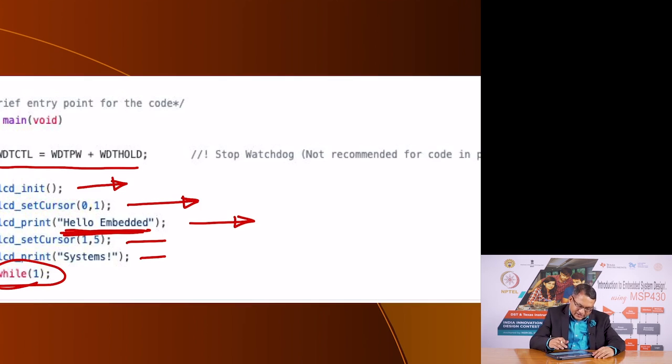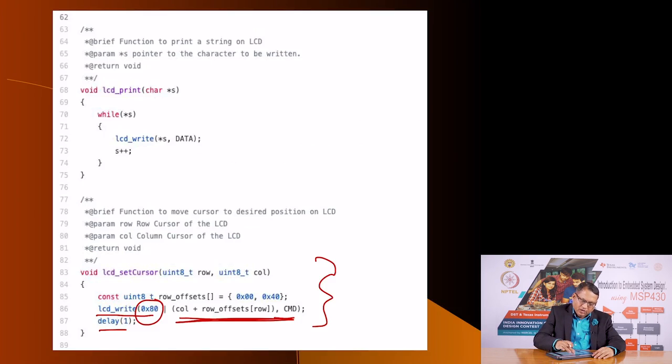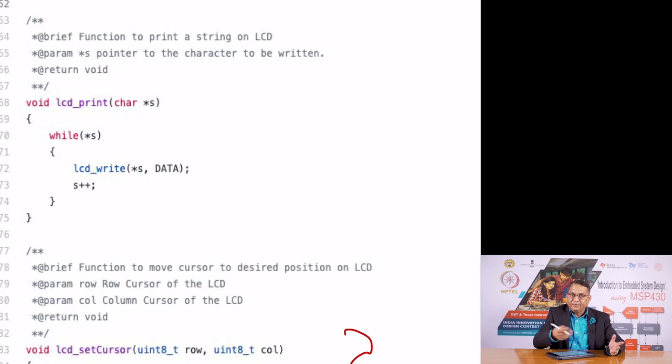Let us go back to LCD print, what it does. Now you are passing an array to the LCD print and you are passing its pointer. So till the pointer does not give you a null, because when the pointer ends the value is null, till the null value is received, you are sending information and you are saying that this information should be treated as data.